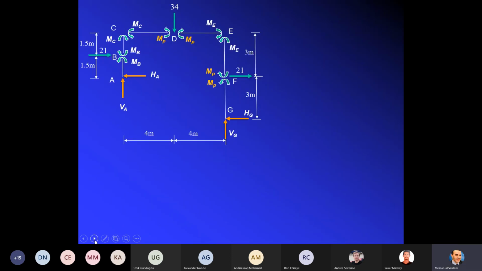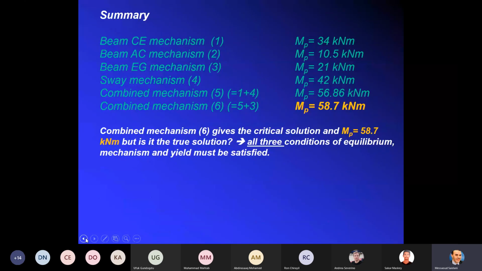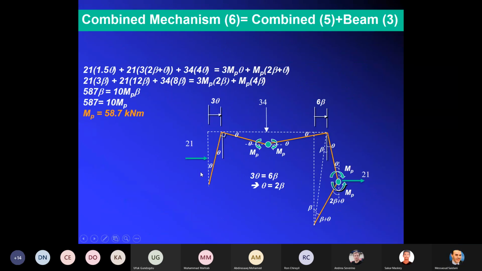This is the frame. This is the mechanism, sorry. We know the moments at D and F are MP. Always make sure that you show the correct direction of the moments as from the mechanism. So we have moments at F and D. If you are not sure, you go back to your mechanism and you can see the direction of the moments.